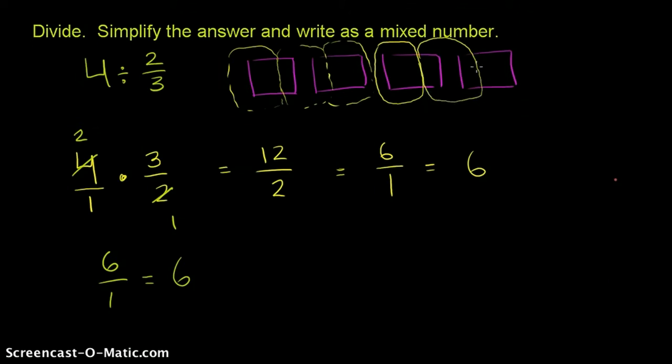And then the last group will have 2/3, the leftover on this box right here. Now, how many groups of 2/3 do we have? We have 1, 2, 3, 4, 5, 6. So we have 6. 4 can be divided into 6 groups of 2/3. So it's just like regular division, sometimes a little harder to visualize because we're dealing with fractions.